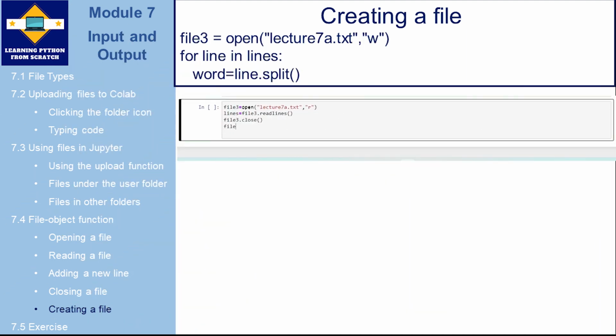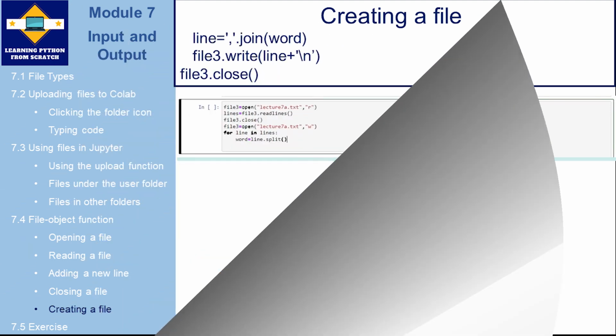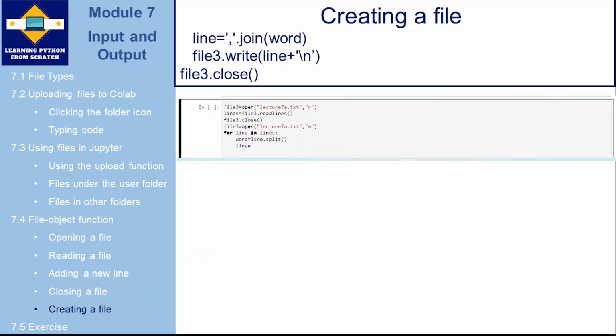Then file3 = open('lecture78.txt', 'w'), and next for line in lines: word = line.split(), and line = ','.join(word), and file3.write(line + '\n').